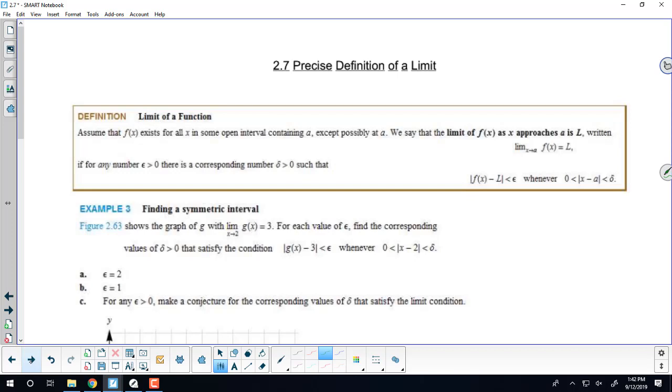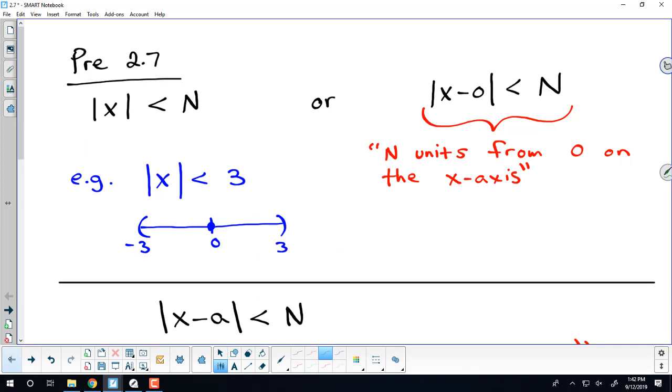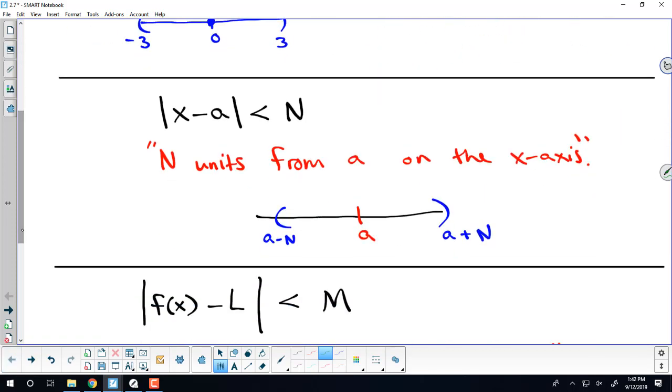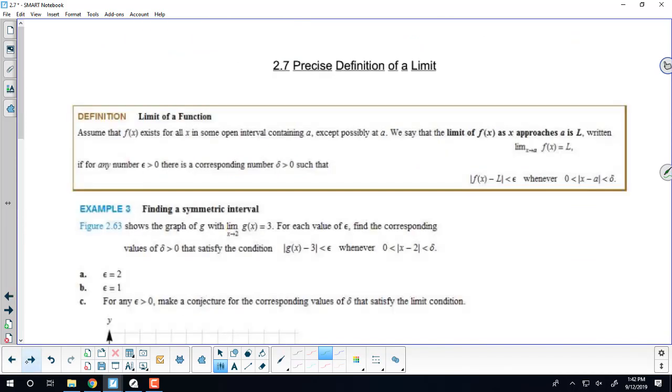It says assume that the function exists for all x values in some open interval. We see that open interval here from -3 to 3, or from a minus n to a plus n. So assume that it exists in some open interval containing a, except possibly at a.